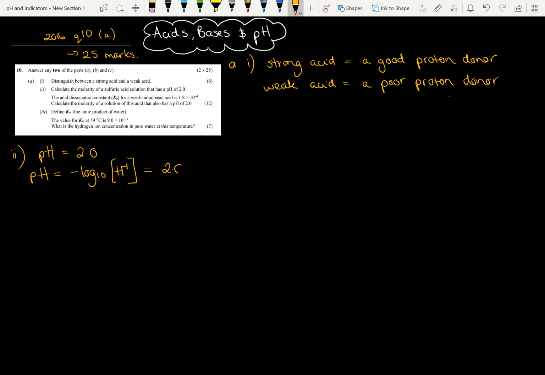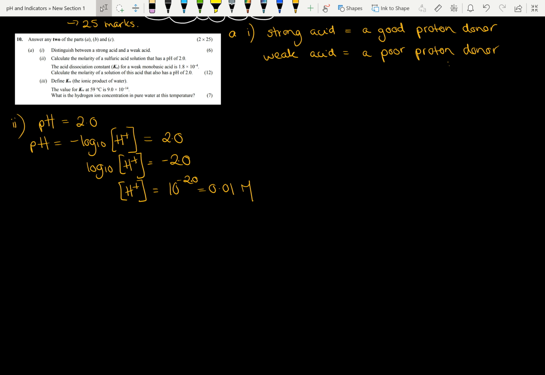I'm going to put that equal to 2. Then I'm going to bring the minus sign across. I'll use the inverse log, which is power 2, and that gives us an answer of 0.01 moles per litre of that hydrogen ion concentration.